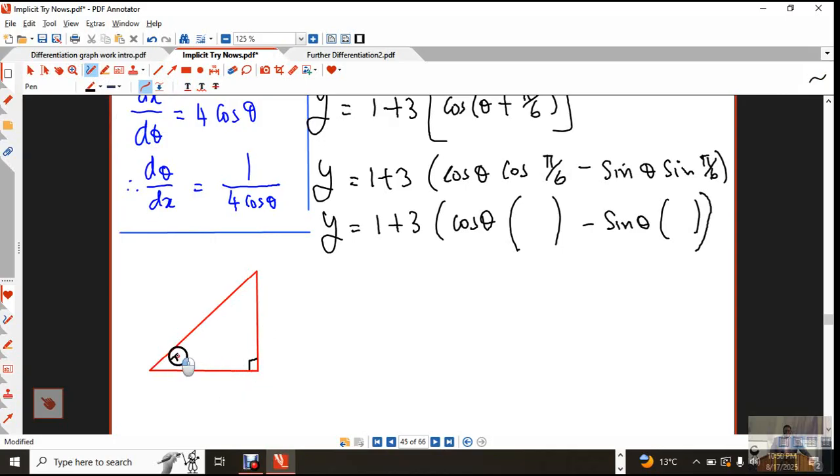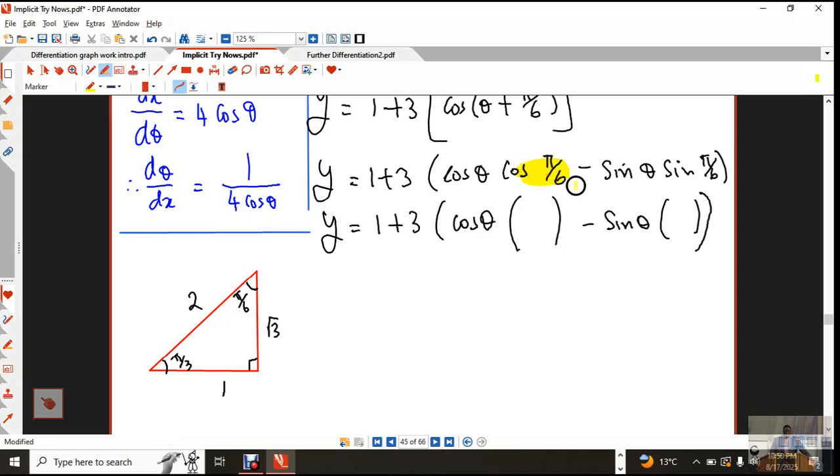This is pi over 3, which is 60 degrees. And this is pi over 6, which is the same as 30 degrees. Then this side is 1, this is going to be 2, and this is going to be the square root of 3.